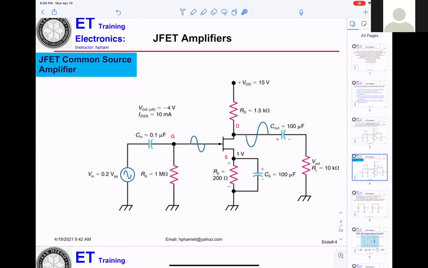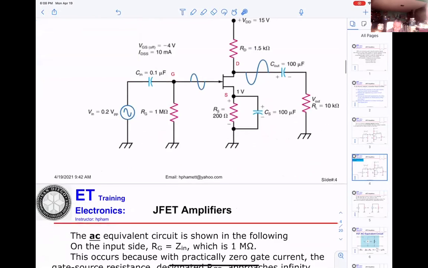So basically, C-in is just a bypass or AC coupling, and the value, I think inside one handout we already talked about a good value for the AC coupling. We need to read that back again.